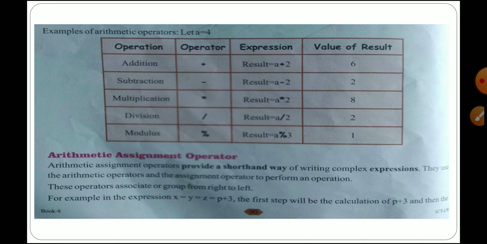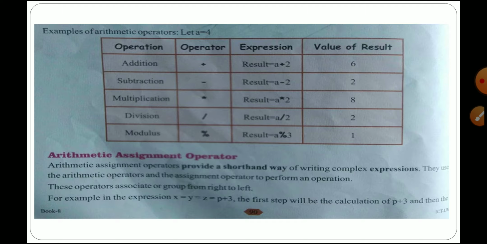Next is subtraction. The minus symbol we have to use. Result equal to a minus 2, 4 minus 2 is 2. Next multiplication, next division, and next one is the modulus. That operator is the percentage symbol. Result equal to a modulus 3.